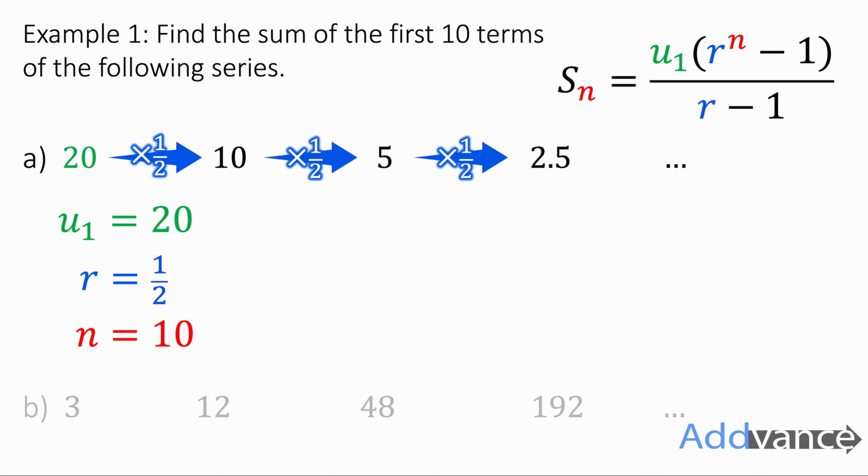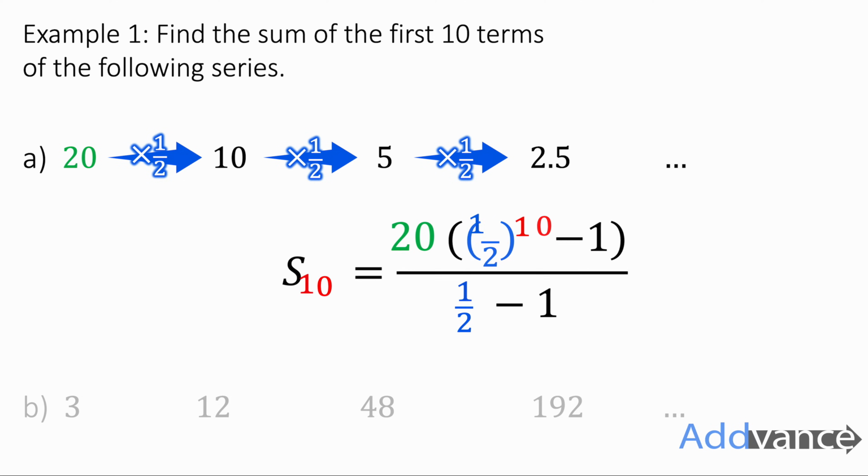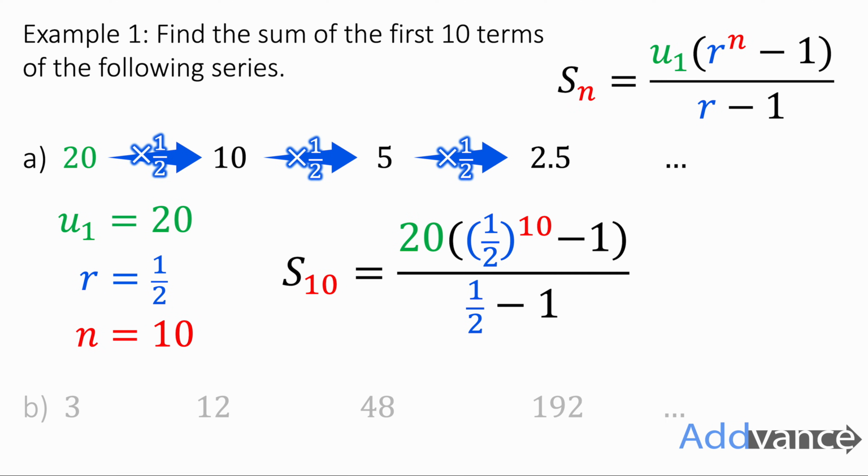So the first term is 20, the ratio is a half, and the number of terms we're interested in is 10. We put the numbers into the formula like this. If you type this into your calculator, you get 39.96, etc.